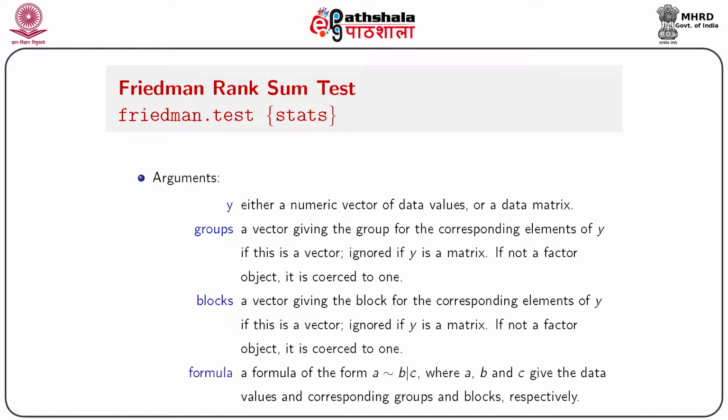If not a factor object, it is coerced to one. Blocks is a vector giving the block for the corresponding elements of Y. If it is a vector, it is ignored if Y is a matrix. If not a factor object, it is coerced to one. The formula structure is as earlier, A tilde sign B given C, where C is the block.